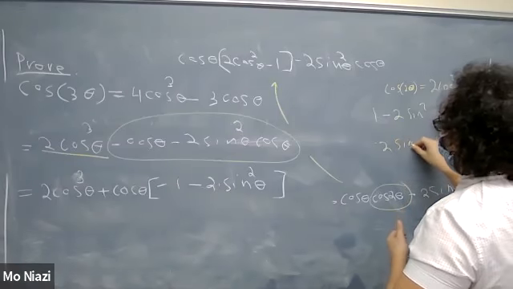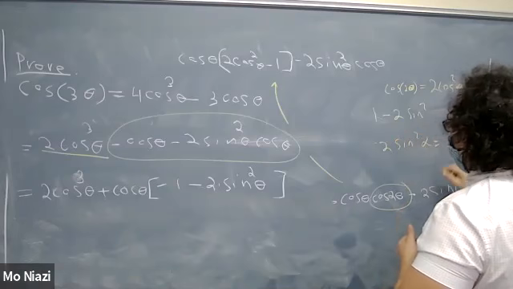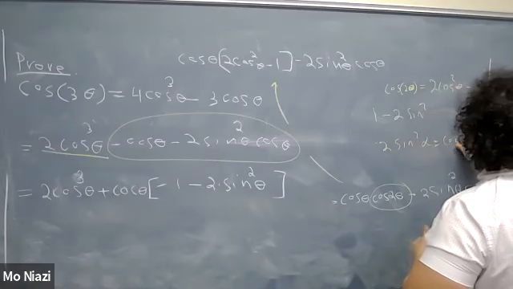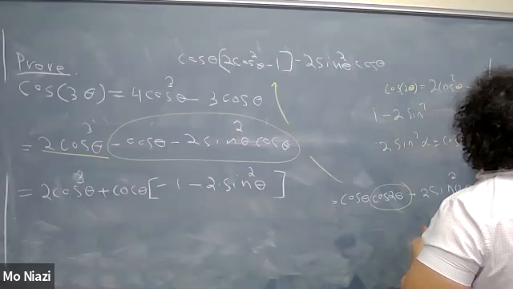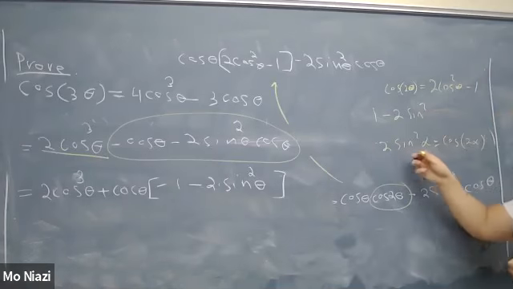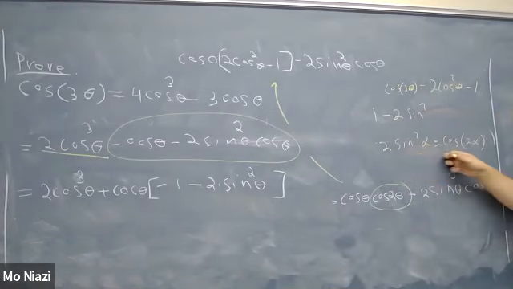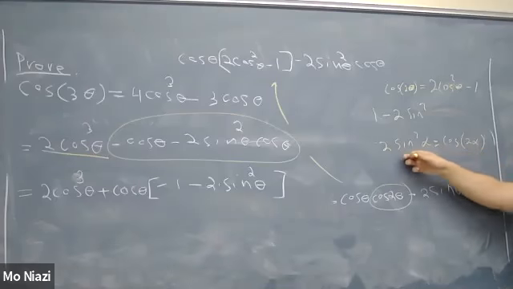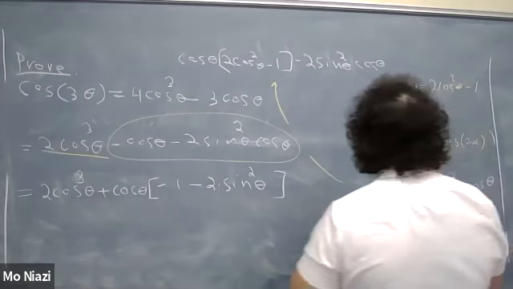1 minus 2 sine squared alpha equals what? Cosine 2 alpha. This one? Yeah. But there had to be more to it than just this. Aha.